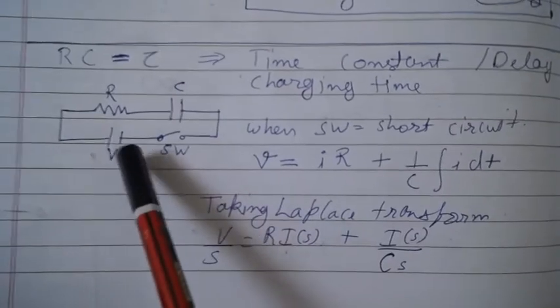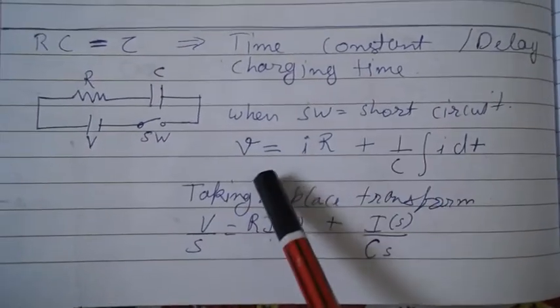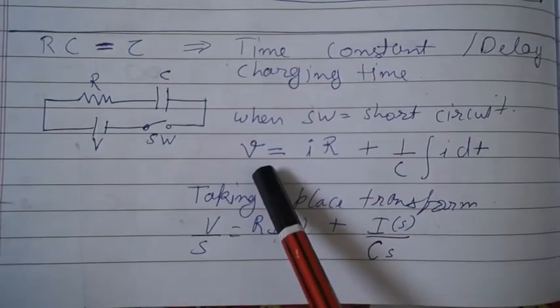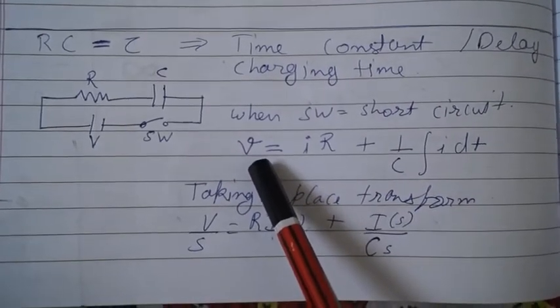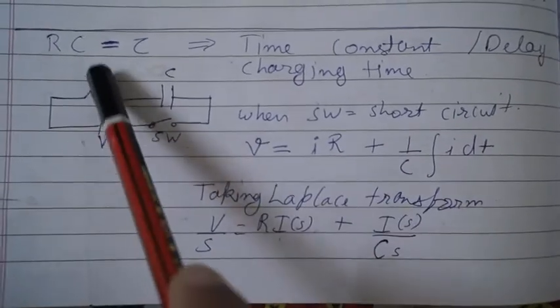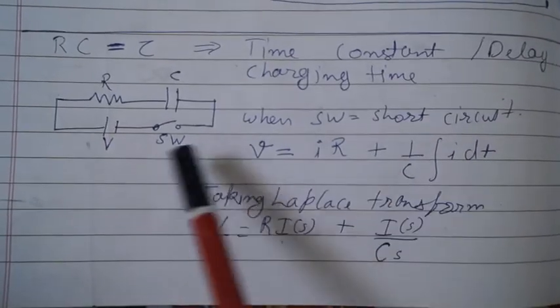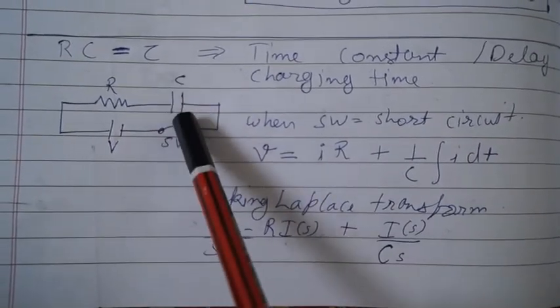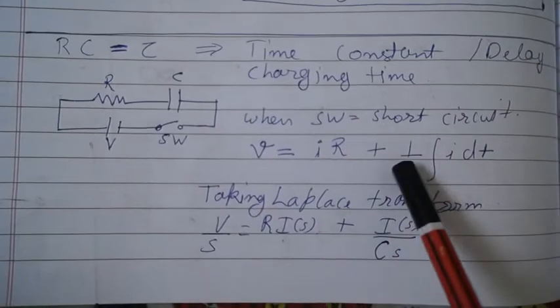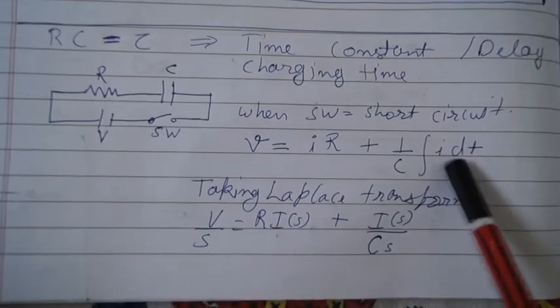Okay, so when the switch is closed, if we write the equation, we get V, the battery potential, equals the potential across the resistance R plus the potential across the capacitor, which is 1 by C times the integral of I dt, the sum of the current on the plates.